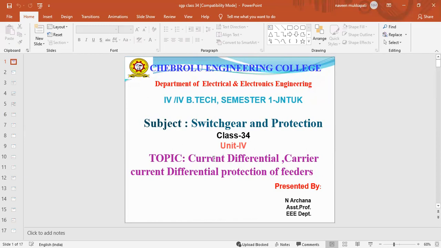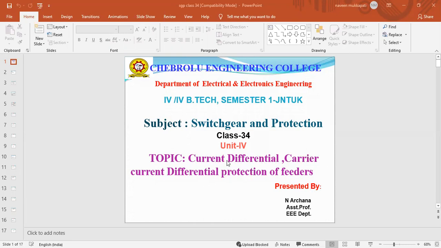Again, the differential protection. Basically, the unit type of protection is divided into two types: first one is the differential protection, second one is the carrier current differential protection.